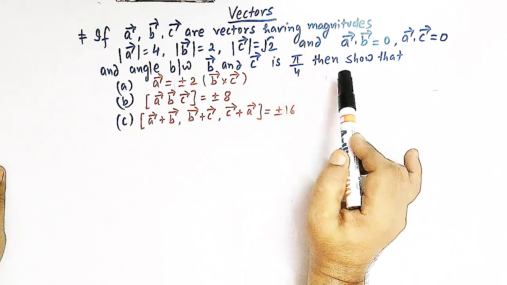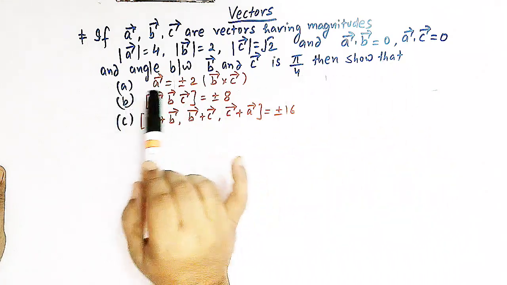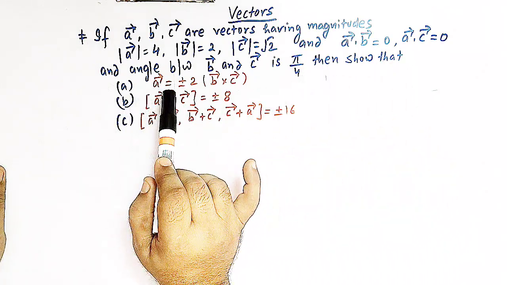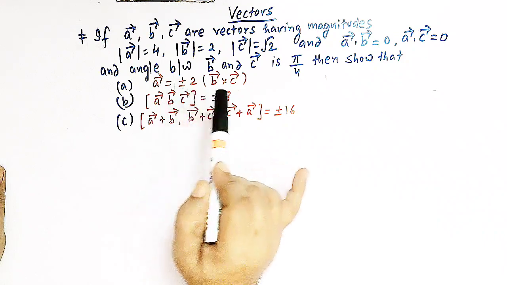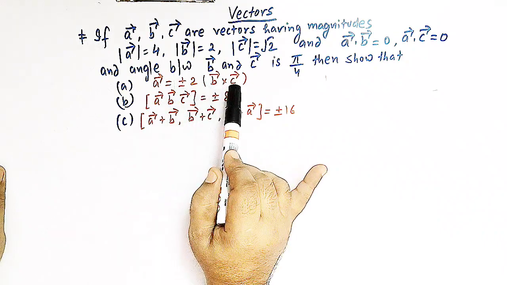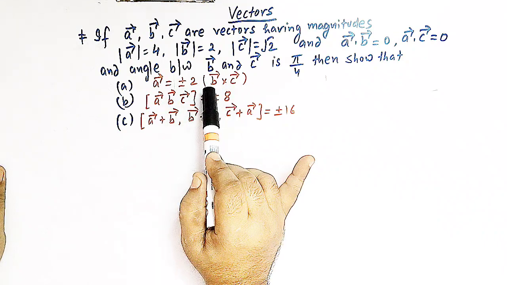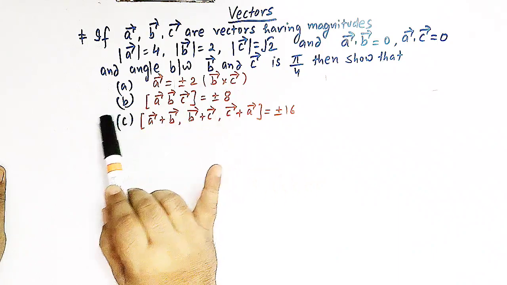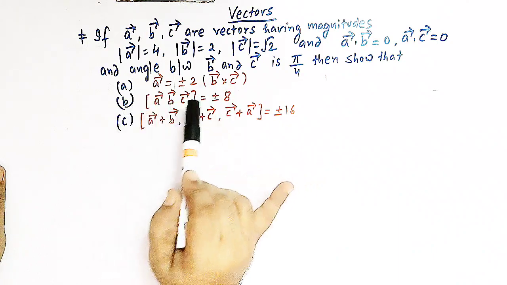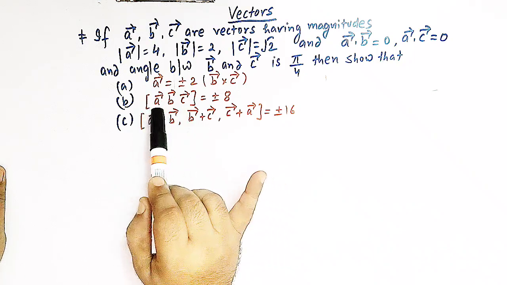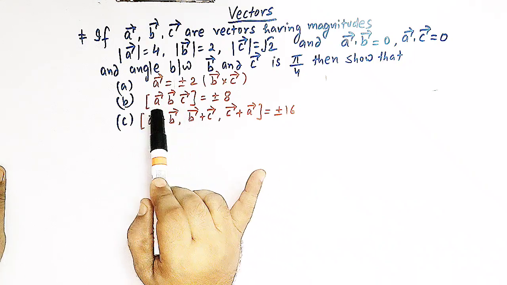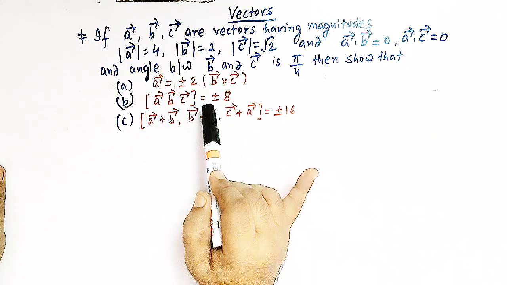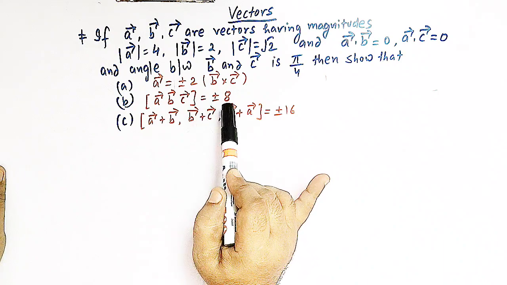45 degrees. Then we have to show that vector A is equal to plus minus 2 times the cross product or vector product of vectors B and C. And in the second part, we have to show that the scalar triple product of vector A, B and C is equal to plus minus 8.